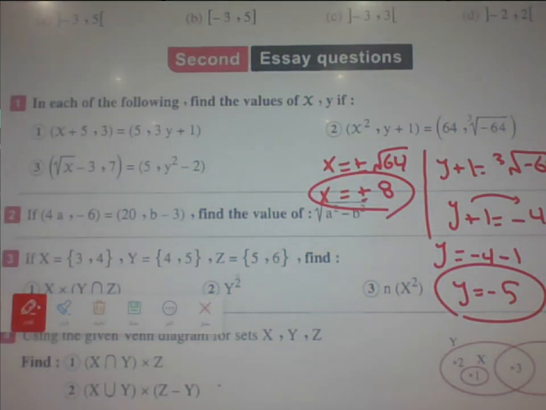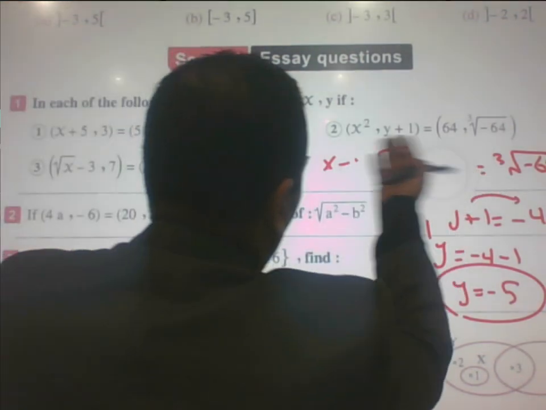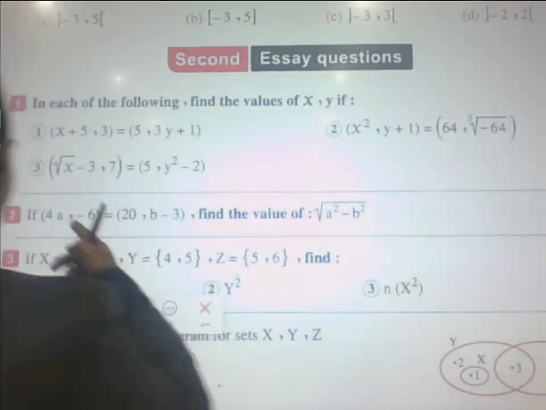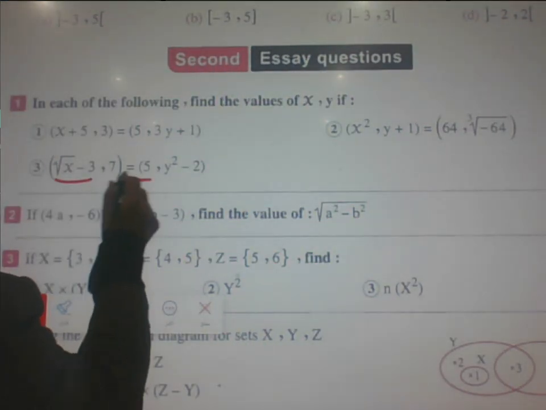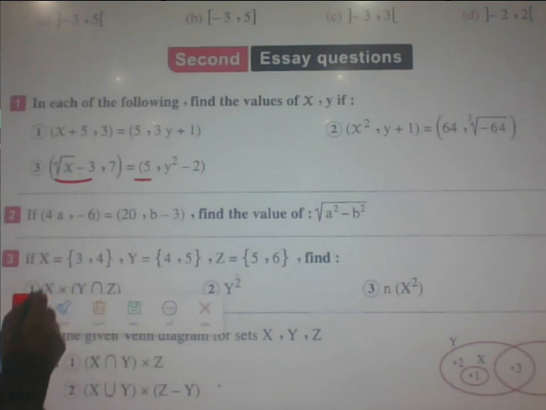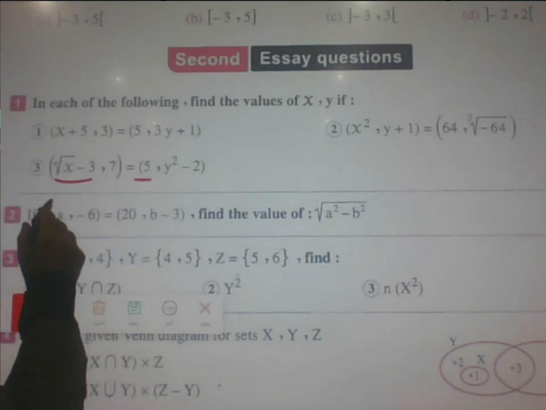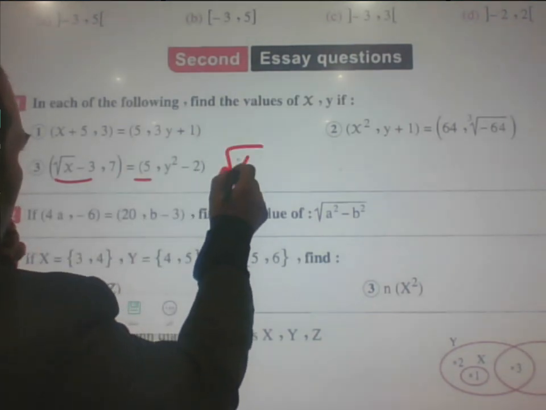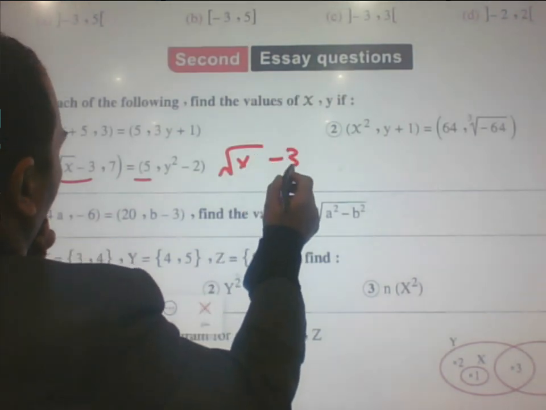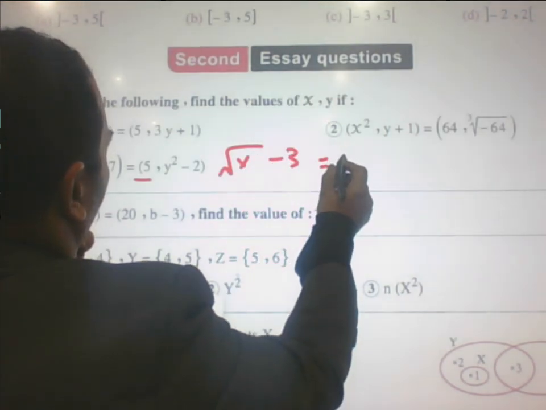Next, question number 3. The square root of x minus 3 is equal to 7. It is a square root. Listen to me again about this question. We have two brackets that are equivalent. The first equals the first and the second equals the second. The first projection: the square root of x minus 3 will be equal to 5.